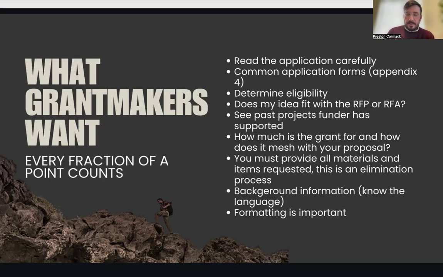You must provide all materials and items requested. Remember, this is an elimination process, and if you're missing something, this is helpful. So, I think I started grant writing thinking that people were going to always be on my side in terms of helping me get answers if I needed them. If I forgot something, they might reach out in a really friendly way and say, "Hey, Preston, you forgot this application." The grant writing world is not this way.